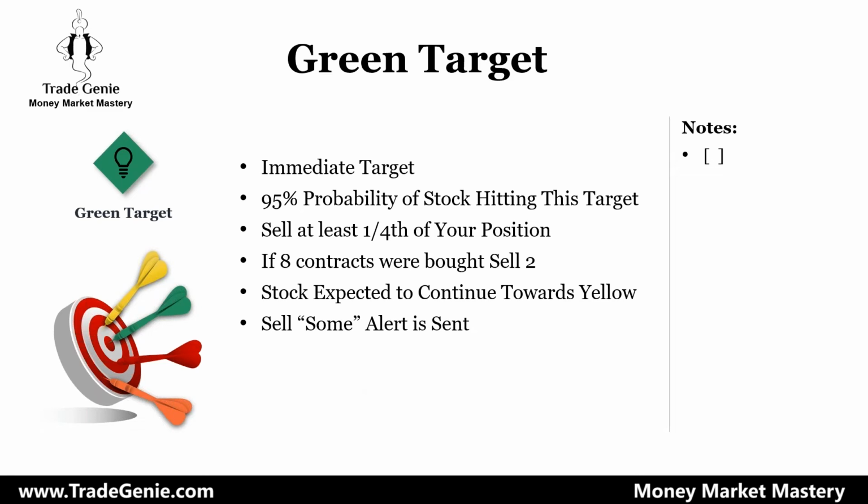So the green target. When you are estimating the target, it's easy to estimate when it's close by. If the stock is trading at 100, it's easy to estimate it will go to 103 because there is momentum there. The market is moving, and I can safely bet that it will hit 103. So that is a green target.